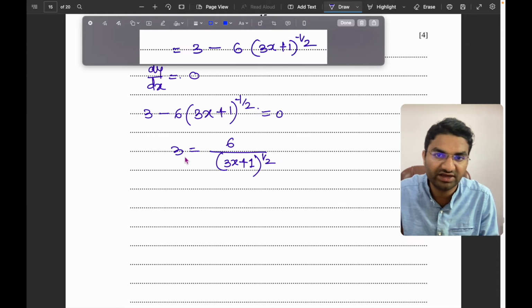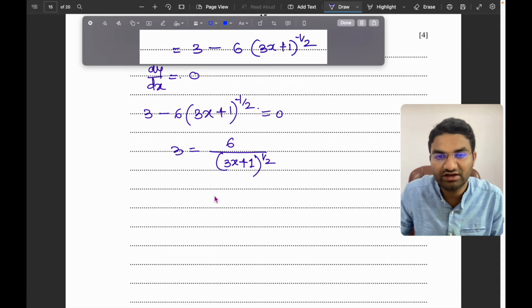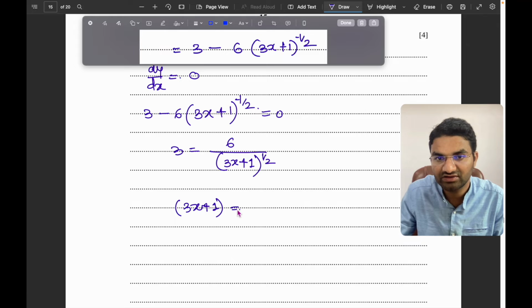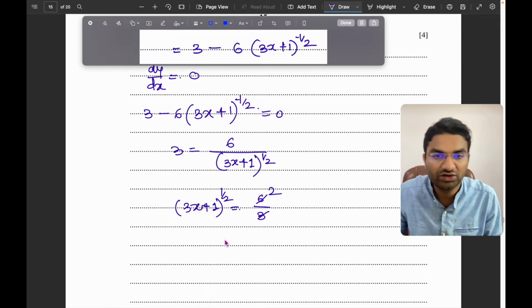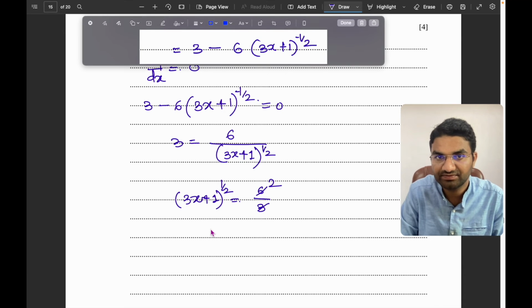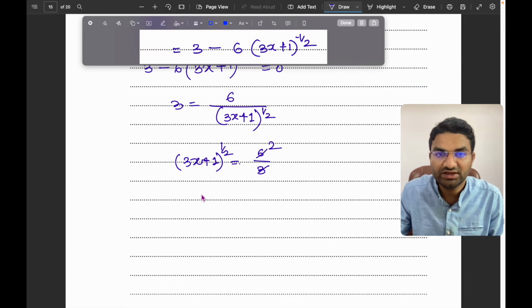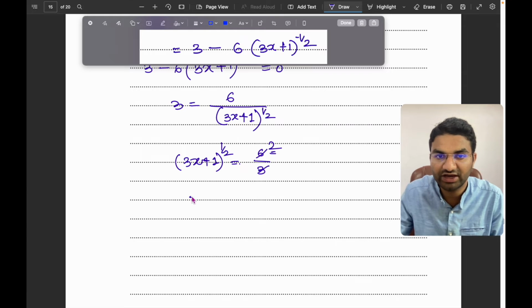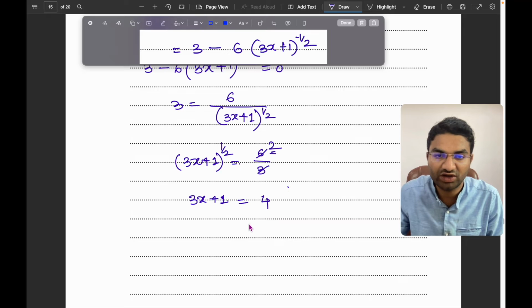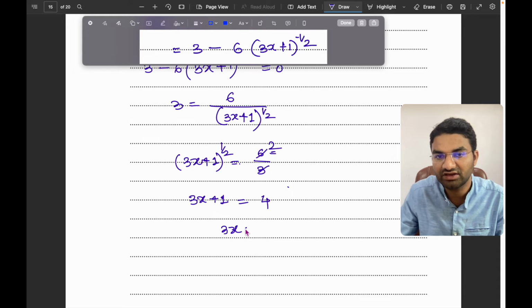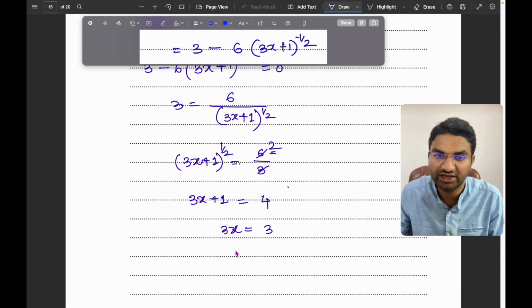Transfer this to the left hand side, so (3x plus 1) raised to 1 by 2 is equal to 6 over 3, which is 2. Then take the square on both sides. The square of 2 is 4, so 3x plus 1 is equal to 4. Transfer the 1 to the right hand side, 3x is equal to 3.